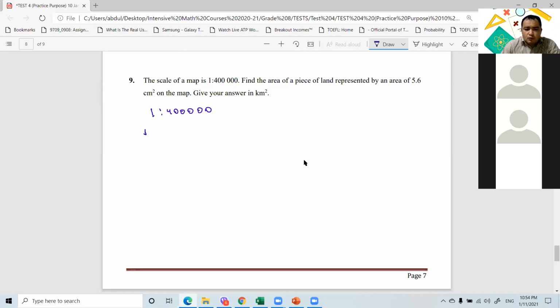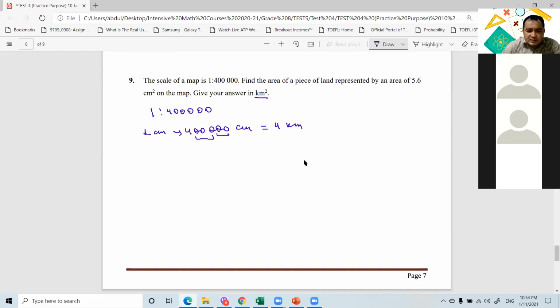This means that here 1 centimeter represents 400,000 centimeters. Now, if I change this into kilometers, because we have to leave our answer in square kilometers, we know that 100 centimeters is 1 meter, and 1,000 meters is 1 kilometer. So that's equal to 4 kilometers.